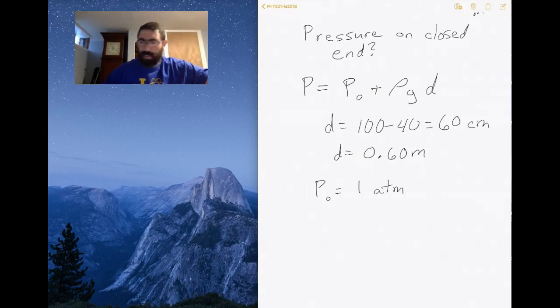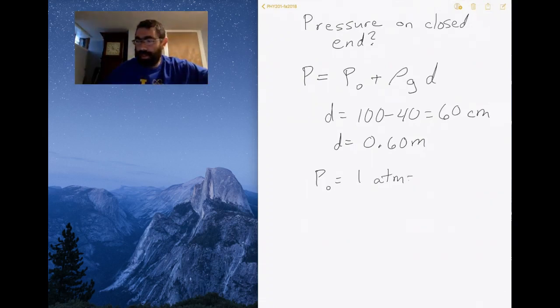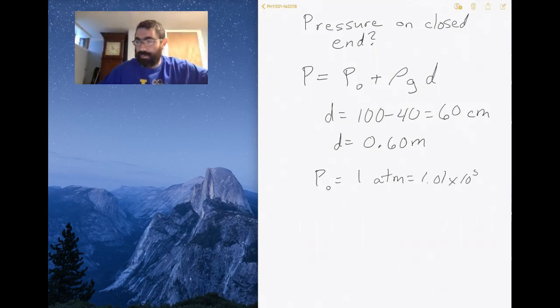But the conversion is that 1 atmosphere is 1.01 times 10 to the 5th pascals. So it's basically 0.1 million pascals is the standard atmospheric pressure. So the pressure that you feel every time you walk outside your door, of the atmosphere pushing down on you here in Buffalo, is 1.01 times 10 to the 5th pascals.